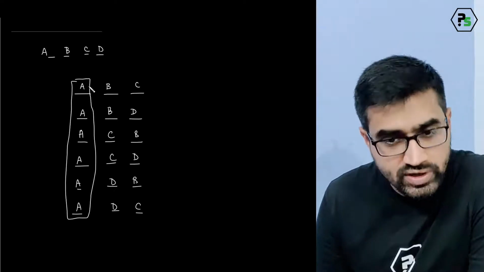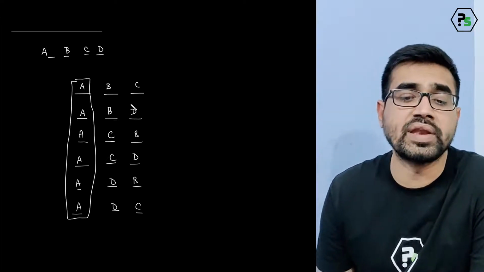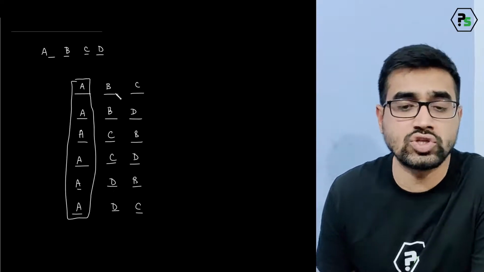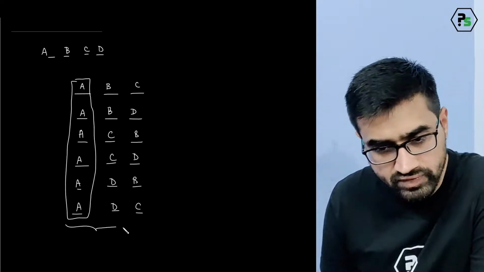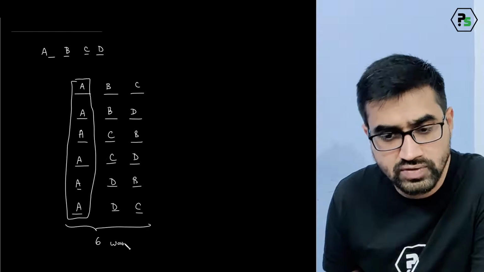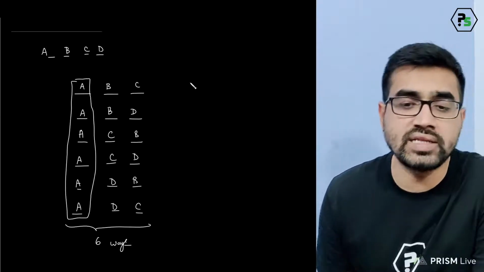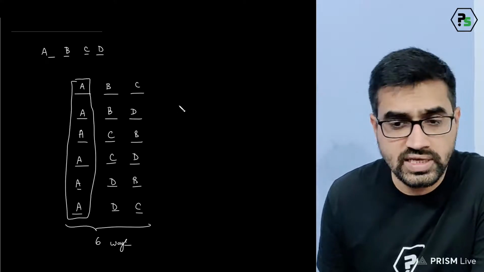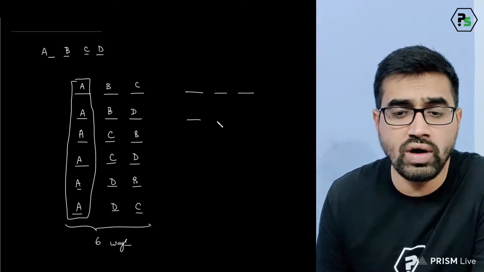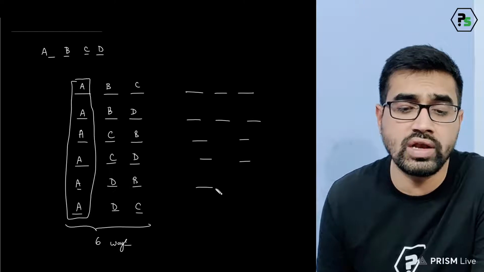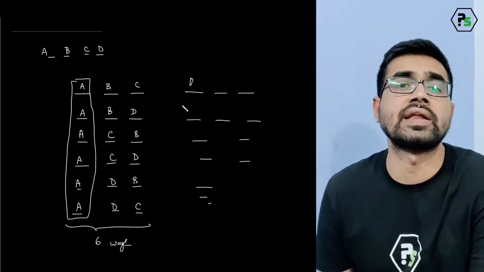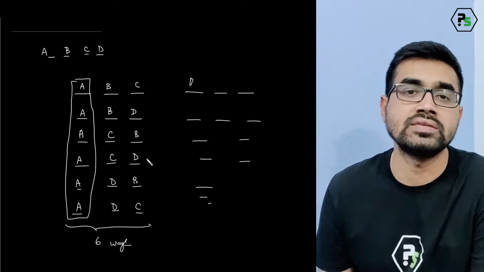Carefully understand this: for each such A, there will be these combinations of BC, BD, CB, and so on. So there will be 6 in total. Correct. So this will be a total of 6 ways. Now you understand the next thing. These 6 ways are also true for all starting with the letter B. There will again be 6 ways.